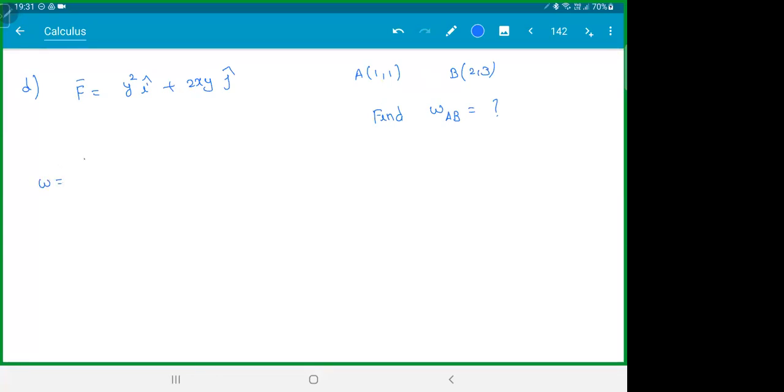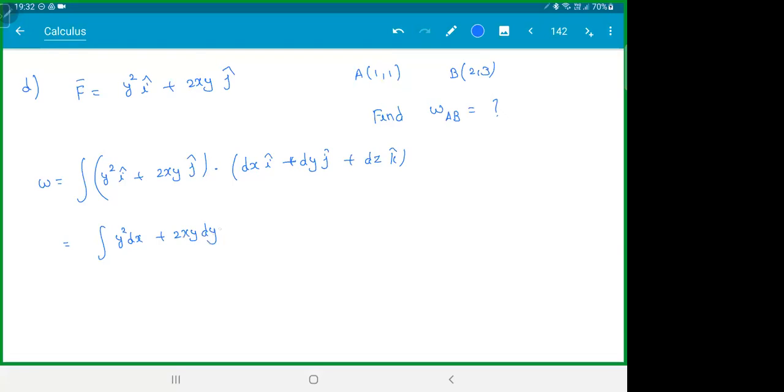So when you do the work done here, you end up with y square i cap plus 2xy j cap dot dx i cap plus dy j cap plus dz k cap. This would be y square dx plus 2xy dy.